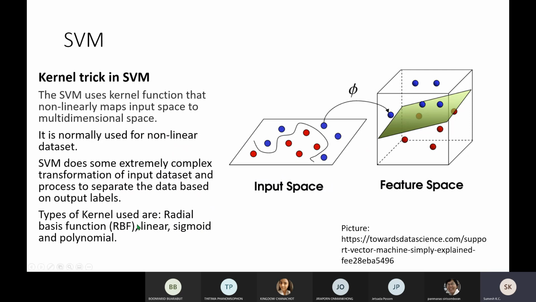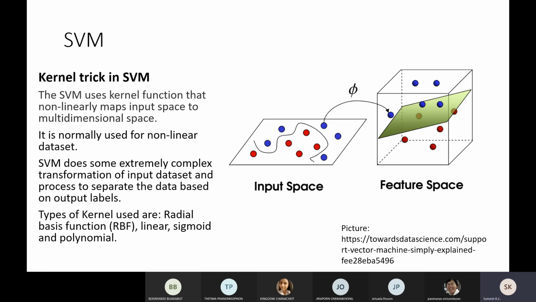You can see in this one, the input feature is in one plane, but when we project the samples into the next higher dimension feature space, the hyperplane can separate them. So this is the kernel trick of SVM, an extremely complex transformation of the input data set to separate the data based on the output label.